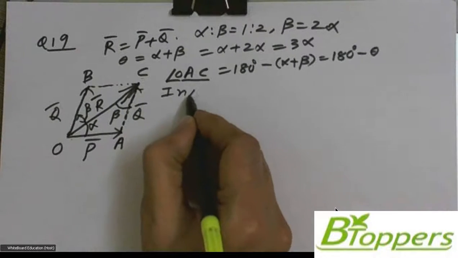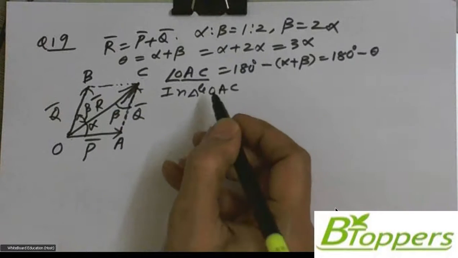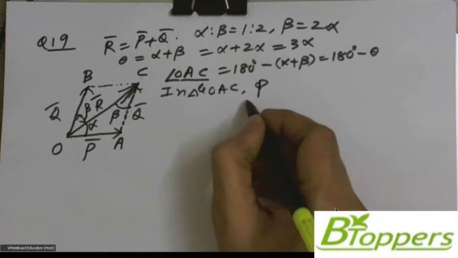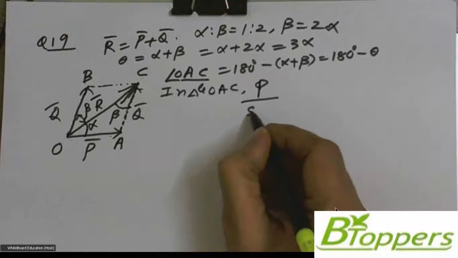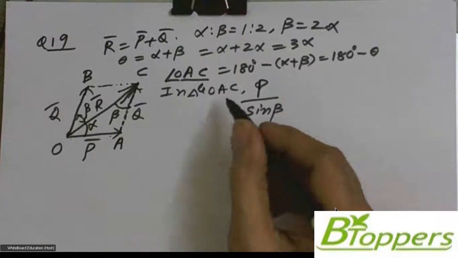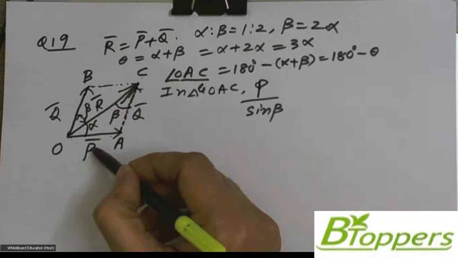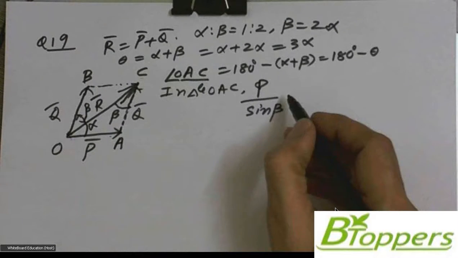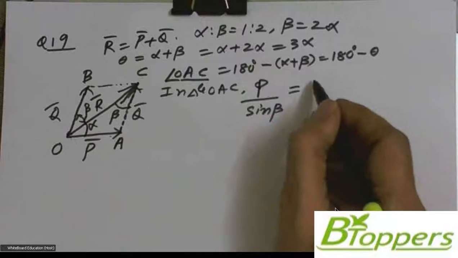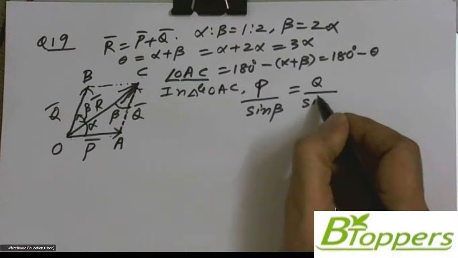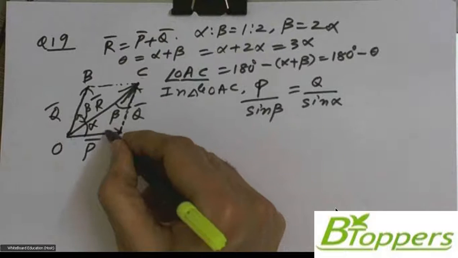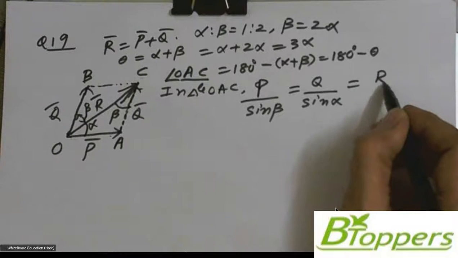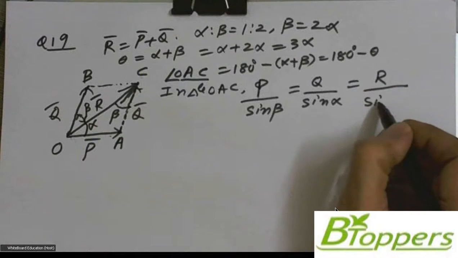Applying the sine rule in the triangle OAC, we write: the length of the side OA, which is P, divided by sine of the angle at the opposite vertex, that is beta, equals the length of the side AC, which is Q, divided by sine of the angle alpha opposite to this side, equals the length of side OC, that is the magnitude of the resultant R, divided by sine of the angle OAC.